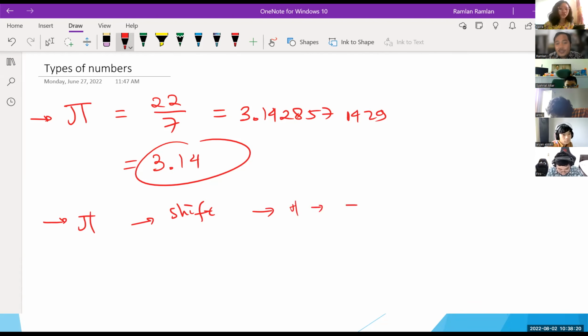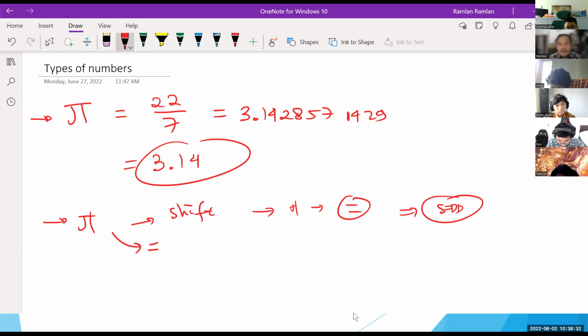And then you press the equal sign, and after that you press the SD button. That will convert it into a decimal number. So what do you get, guys? 3.14159, 26, 536.